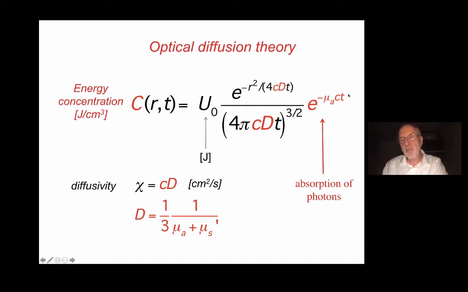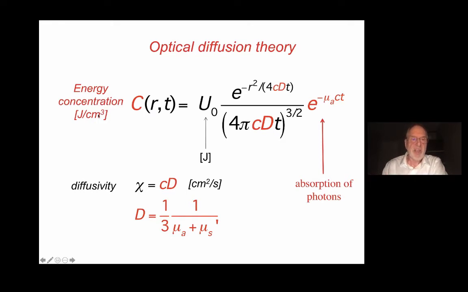We add a term to account for the absorption of light, e to the minus mu sub a ct. ct is a path length, so this is simply a Beer's law expression. This term controls the spreading of light. This term controls the attenuation of light, the extinguishment of light.